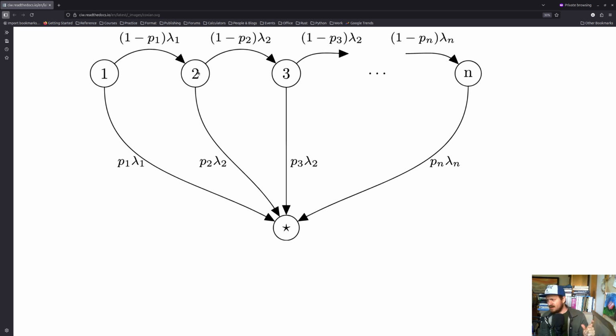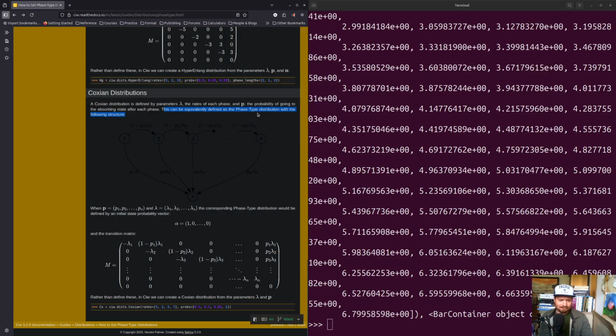Or you manage to get to step 2, and maybe you fail there and go to the absorption state, and maybe not. Maybe you continue on to the third challenge, on and on. So a Coxian distribution is like having an obstacle course that you're trying to run, and you may or may not get to the end. Eventually you get to the end state anyway, because you have to have that defined, but you might leave that sequence sooner.